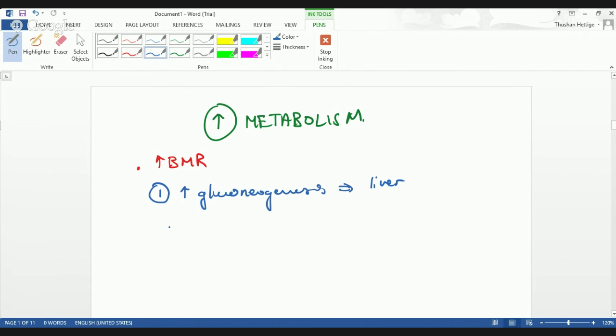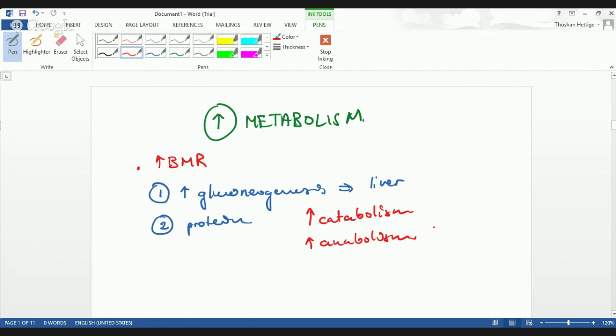Now, what does it do with protein? Interestingly enough, thyroxine causes catabolism of protein in muscle, so it increases the breakdown of protein. But it also increases the synthesis of protein as well.